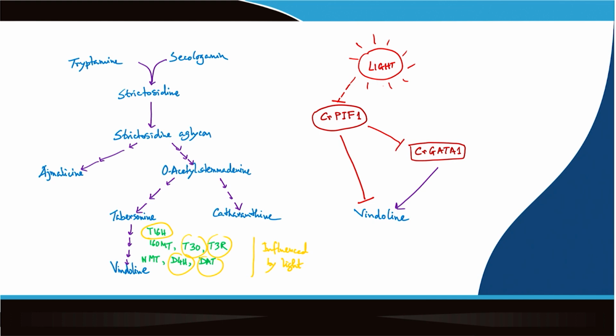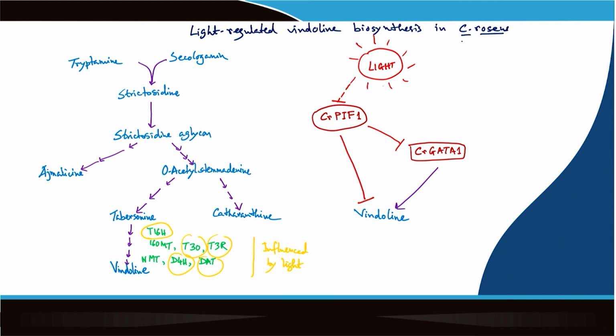What I am showing here is basically that light induced terpenoid indole alkaloid biosynthesis in Catharanthus roseus is regulated by light. In other words, we can also write light regulated indole biosynthesis in C. roseus.